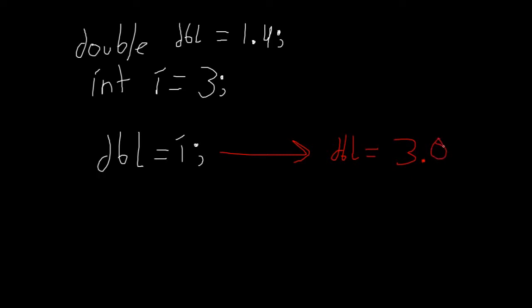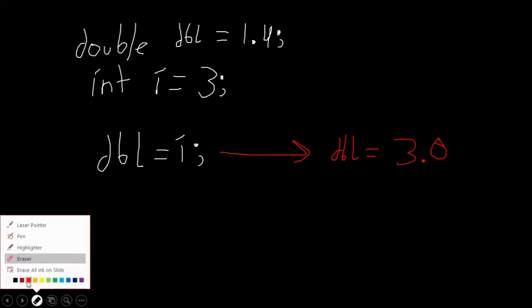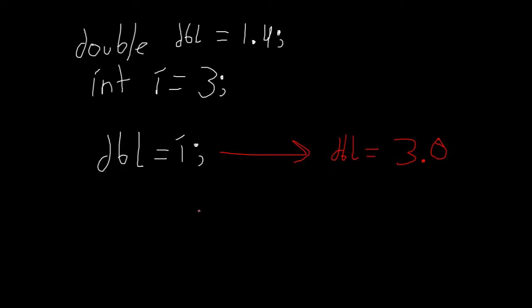Does that make sense? Because the I was 3, and when we put it into double format, we just add on the 0.0, so that way it is a double value. And that's really about it for putting integer values into a double. It's very easy, very simple.